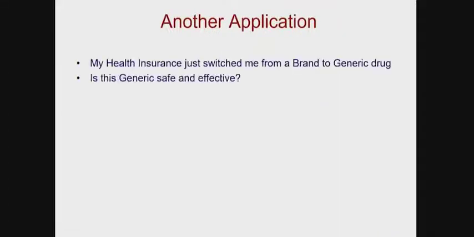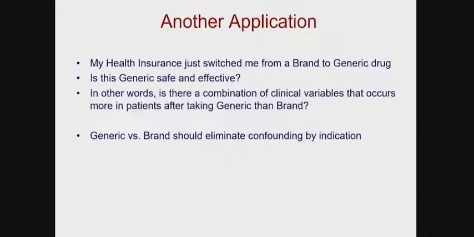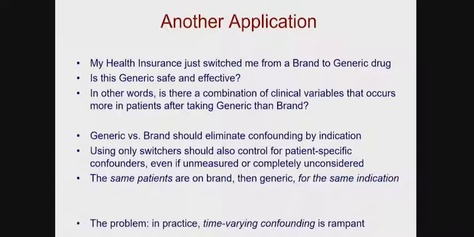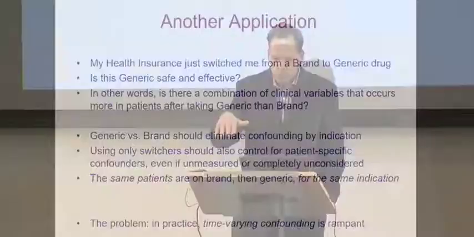But I want to finish with this brand-generic case, where we don't know what the generic drug could be causing, but we wonder, is it causing anything we don't see in the brand drug? Here you'd think all the confounding is handled for free, because patients are on the brand or the generic for the very same reason, the same indications, and you could use the same patients who just got switched from brand to generic by their pharmaceutical company.